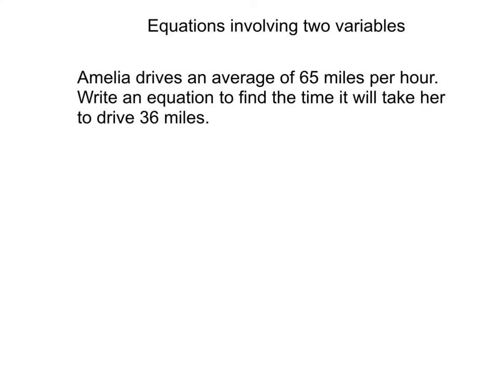Sometimes we have equations that have two variables. Let's take a look at this example. Amelia drives an average of 65 miles per hour. Write an equation to find the time it will take her to drive 36 miles. So we can see right away that we have time as one of our variables, so we're going to make that t. And then it also tells us that she drives 65 miles per hour. So that's a speed.